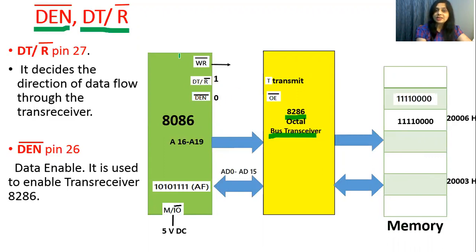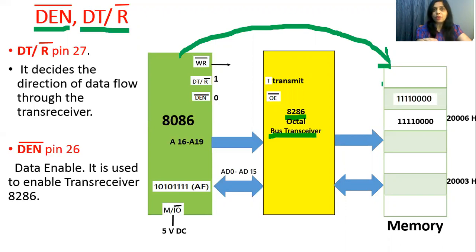When 8086 transfers data to the memory, it is a write operation. It is similar to writing into a notebook. When we write into the notebook, information flows from our brain to the notebook. So here 8086 functions like our brain and memory functions like our notebook, and hence in a write operation data will flow from 8086 to memory.